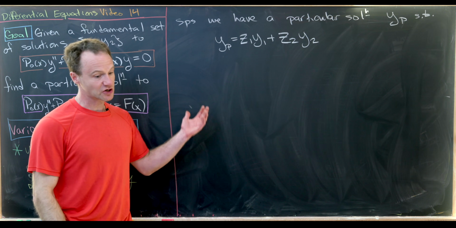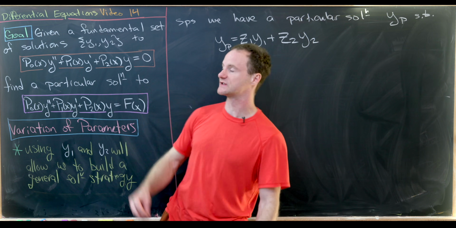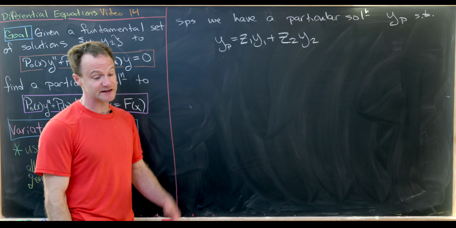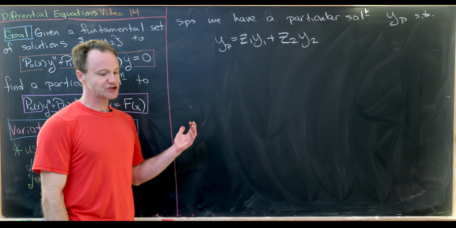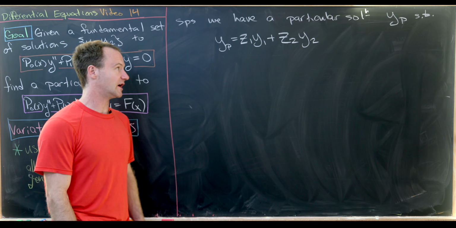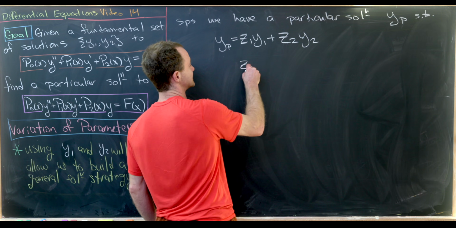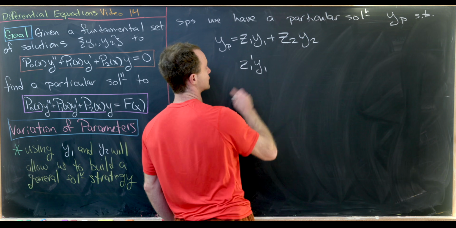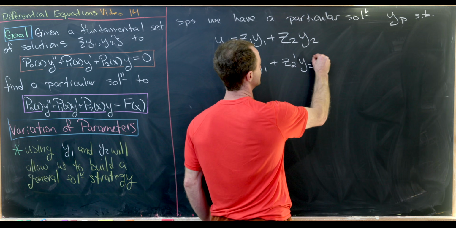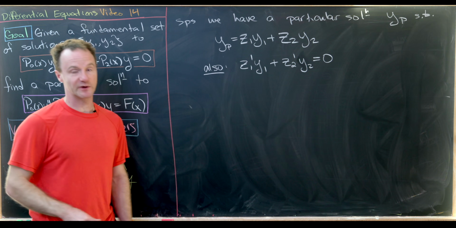So these are function combinations of y1 and y2, where those are our solutions to the homogeneous equation, and z1, z2 are some functions to be determined. Now, in addition, we're going to assume that z1, z2, y1, and y2 satisfy a certain condition. That condition is that z1 prime times y1 plus z2 prime times y2 equals 0. So I'll just put an "also" here. That's another thing that we are assuming.